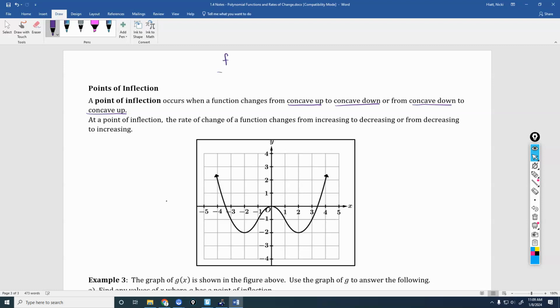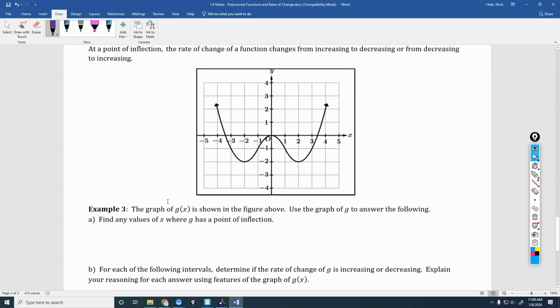Like if I have a function and a rate of change of that function, if I'm concave up, my rate of change is increasing. If I'm concave down, my rate of change is decreasing. So if I switch concavity, my rate of change is going to switch from increasing to decreasing, or vice versa.